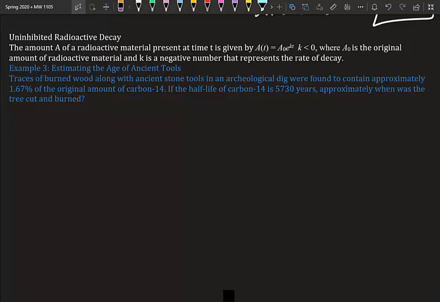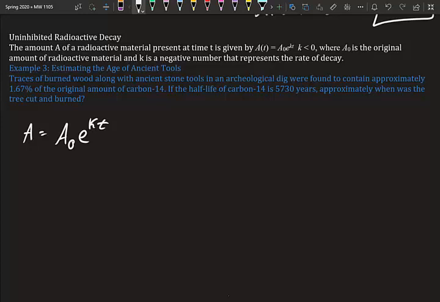Alright, so since we're talking about decay, and we know it's decay because of half-life. Half-life means you're cutting it in half every time, so you're decaying, okay? So we have A equals A sub 0 times e to the power of kt. And instead of using N this time, we're using A because we're talking about age.